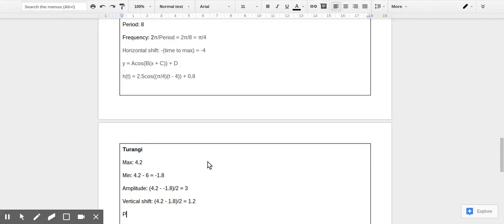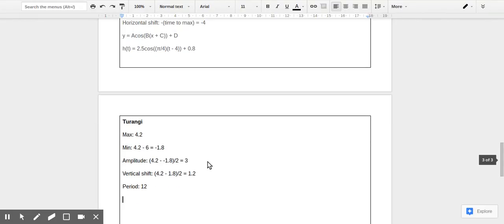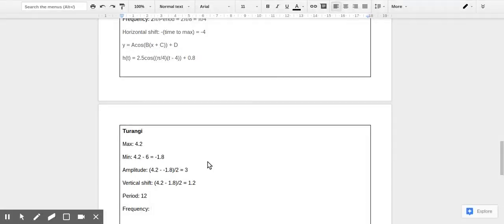We have our period of 12, and so we have our frequency of 2 pi divided by 12, which is equal to pi on 6.